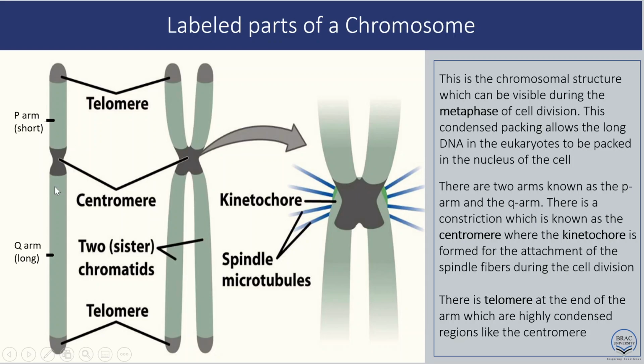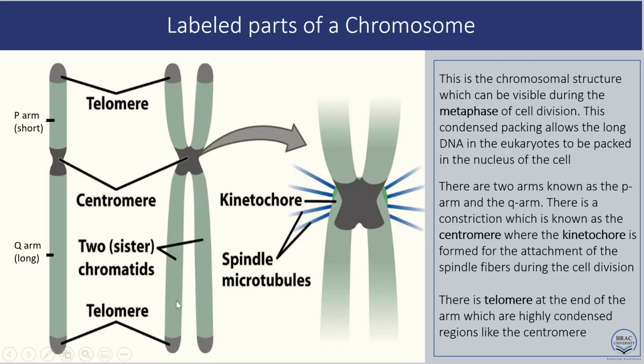These two arms are connected by a slightly narrow or shrunken region known as the centromere. So the two arms are joined in this region, the centromere, and the two ends of a chromosome are a highly condensed region known as the telomere. Knowing these terms and regions will help you understand further.